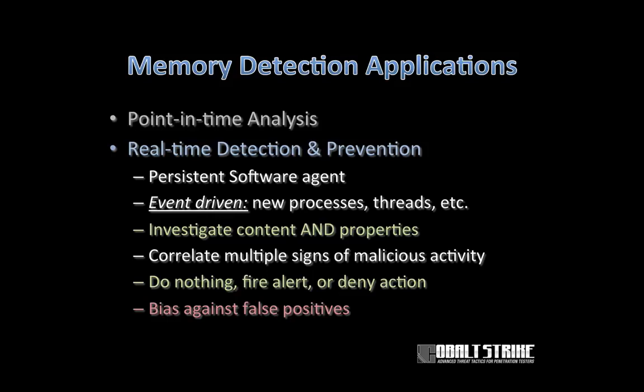In the case of software systems that do real-time detection and prevention, there is a bias against false positives. Remember that. There's no better way to get kicked out of an organization than to have your software solution go wild and corrupt business files or require a whole reimage of the enterprise. It does happen from time to time. When it comes to defeating real-time detection and prevention tools, remember that it's never really one heuristic that's getting you caught.